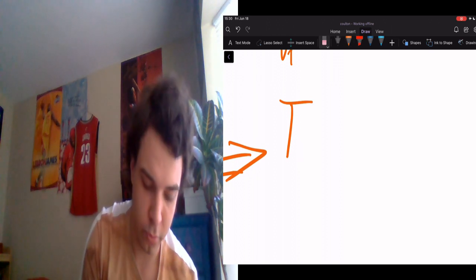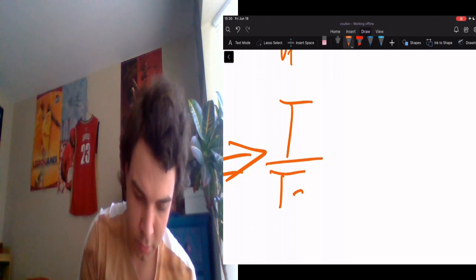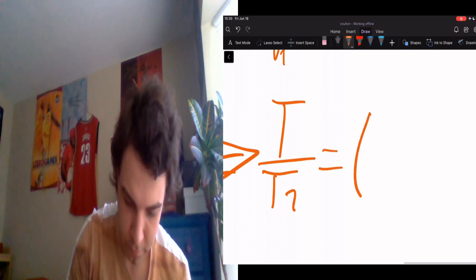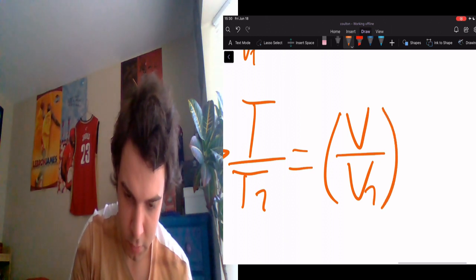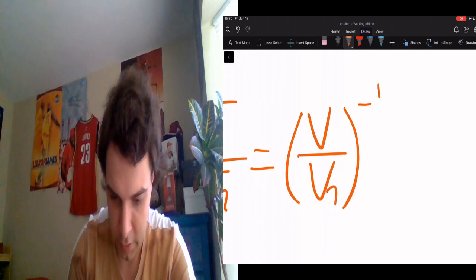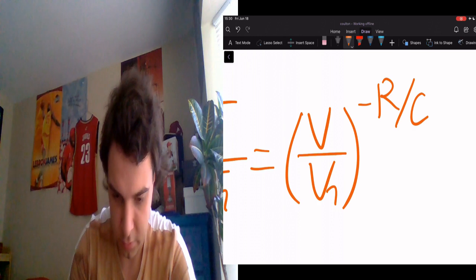Simplify this to T over T1 equals V over V1 to the negative R over CV.